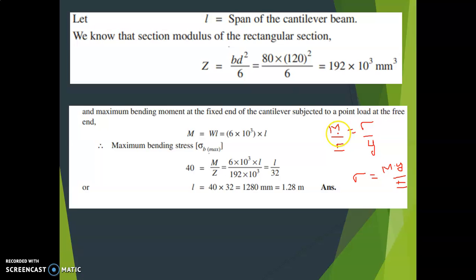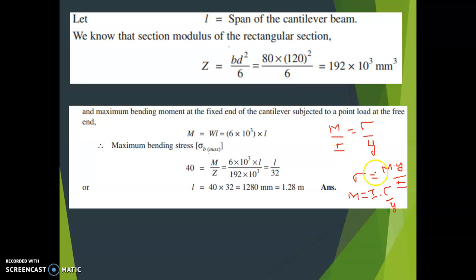We know that M is equal to I into sigma divided by y, correct?